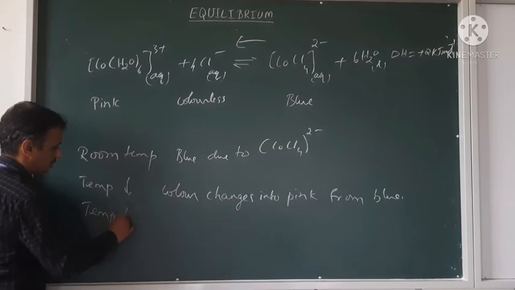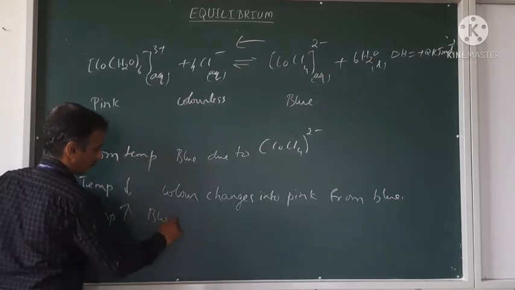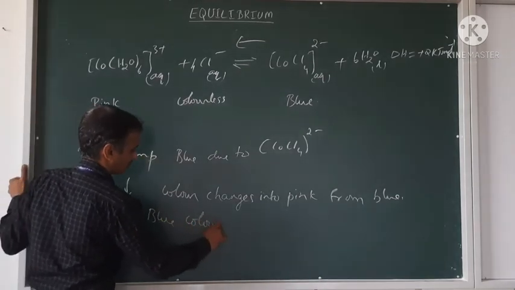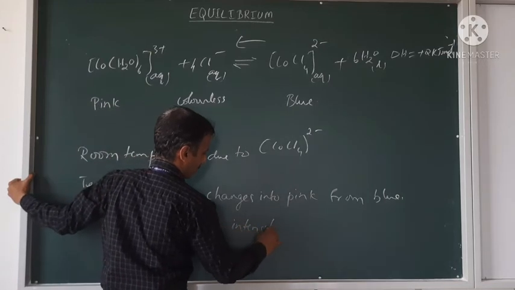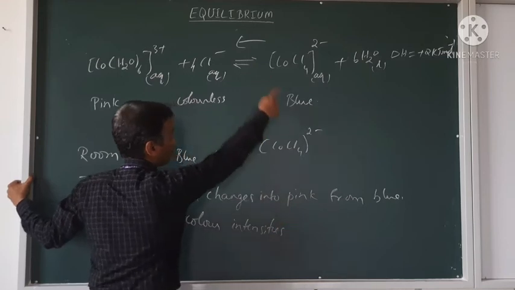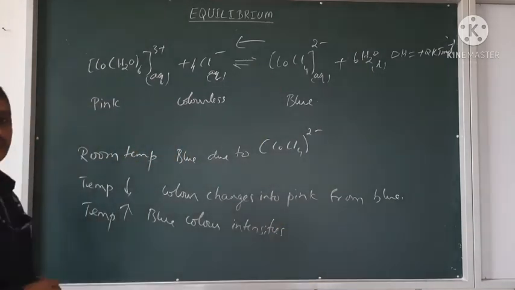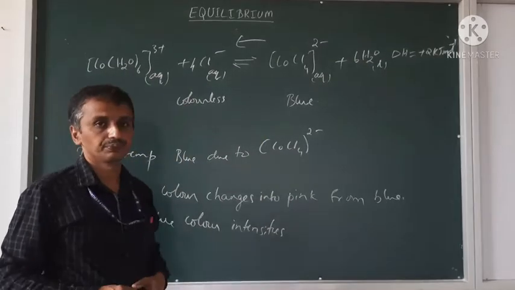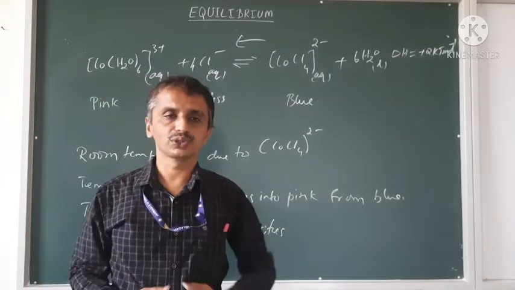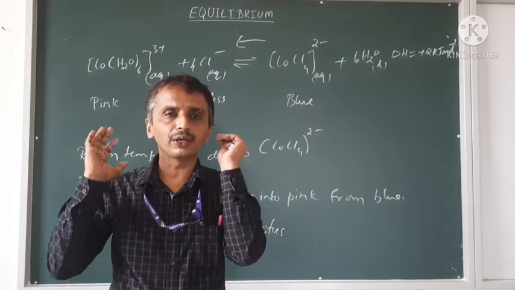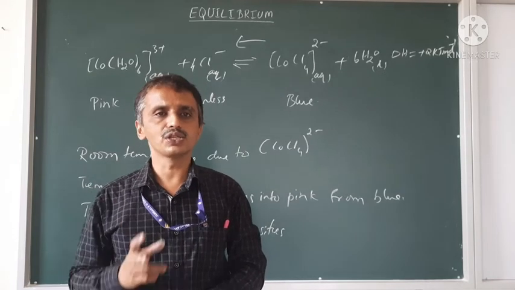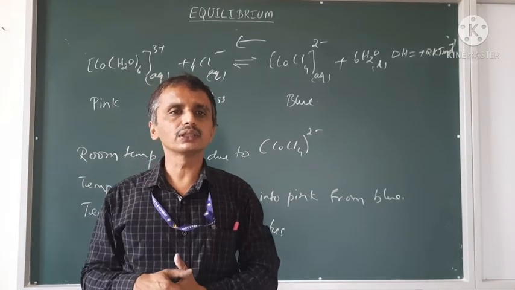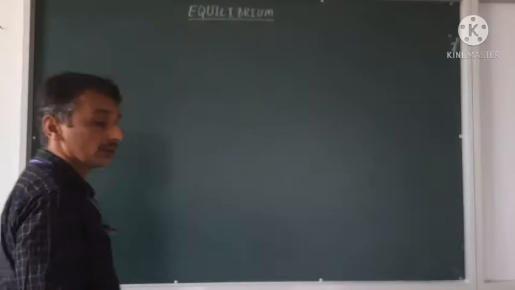Temperature increased, blue color intensifies, due to formation of CuCl4 2 minus to a greater extent. So this proves that when the temperature constraint is applied, the reaction changes the direction of equilibrium.